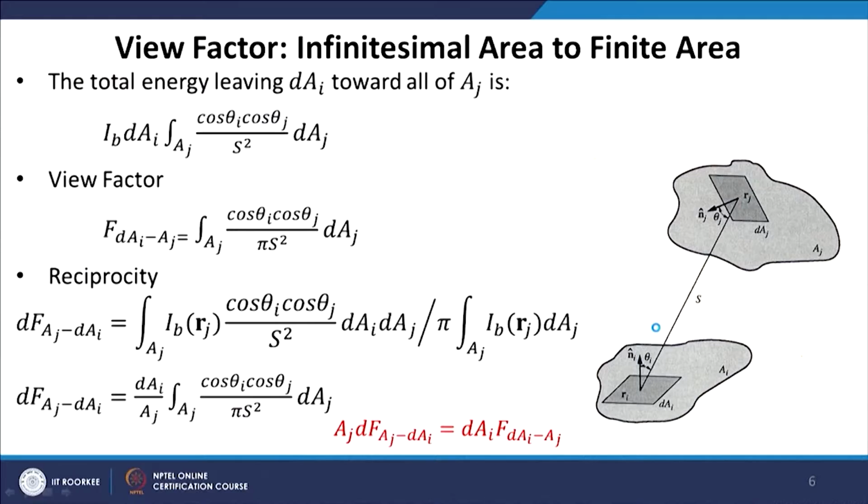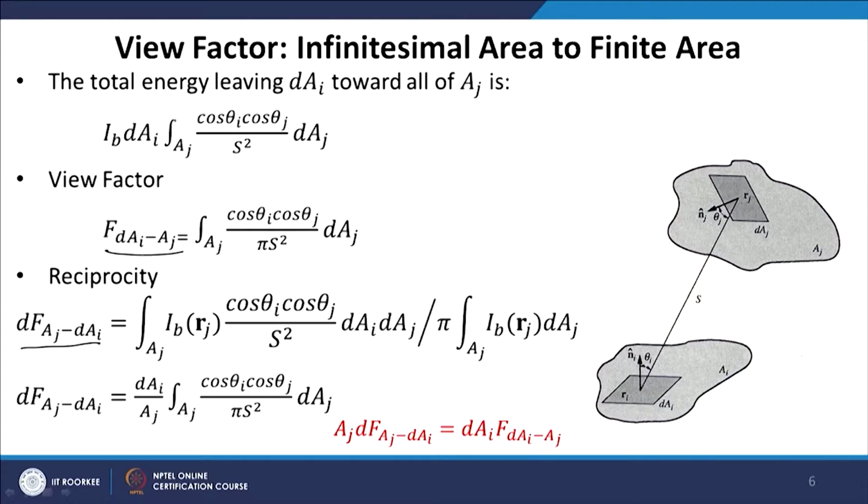Now, this exercise was done to calculate view factor between two infinitesimal surfaces dAi and dAj. We can extend the same logic to find out view factors between a small infinitesimal surface and a finite area surface. Okay. So, if we want to find out this view factor, that is view factor from a small infinitesimal surface dAi with whole surface Aj, we have to basically extend the same logic.